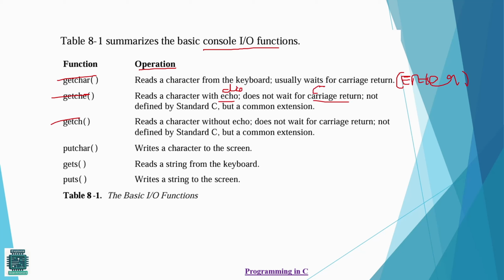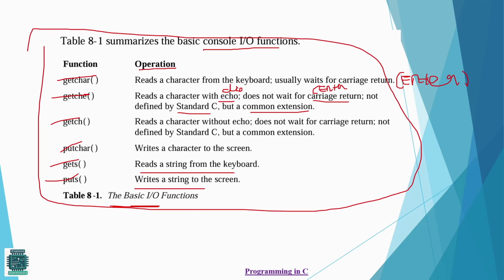It is not defined by the standard but is a common extension. getch reads a character without echo and does not wait for a carriage return, also not defined by the standard but a common extension. Now putchar writes a character to the screen, gets reads a string from the keyboard, and puts writes a string to the screen. These are the basic IO functions.